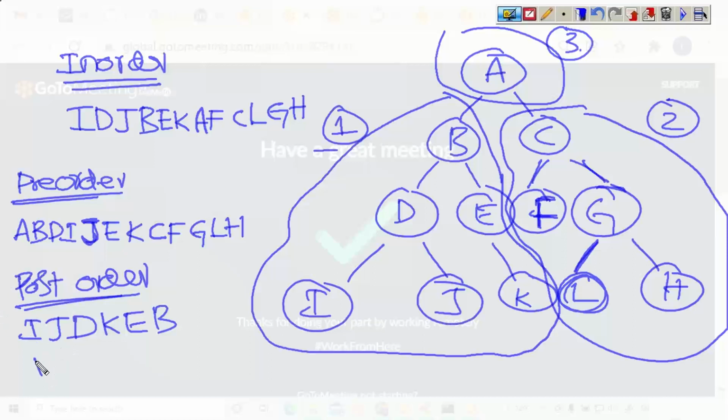F. So G should not be first. What should be? L, H, G, then C. After C, here A. This is completely a post-order.